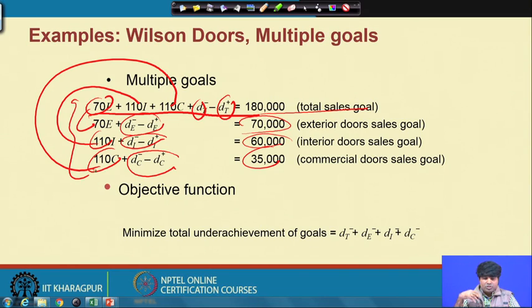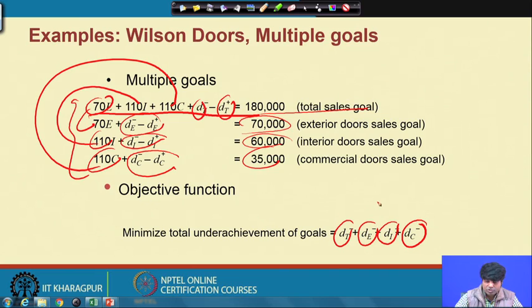So, the objective function will be rephrased now. Minimize the total underachievement of goals, that is dt minus, d 1 minus, di minus and dc minus. These are all underachievement goals. We would like to minimize the underachievement of goals so that it will satisfy the business requirement, the conditions and the constraints.